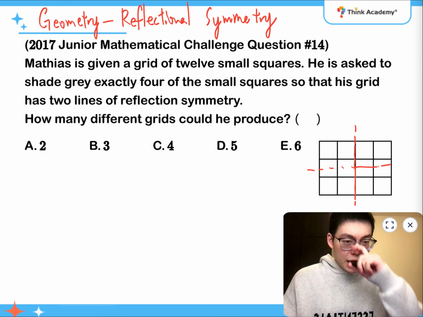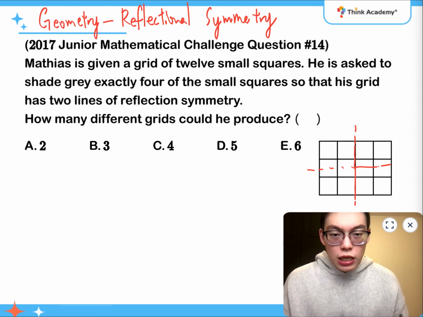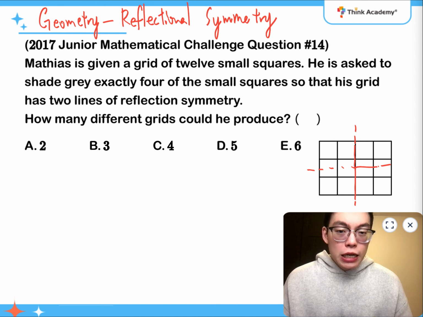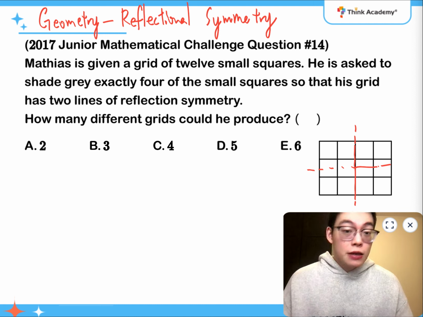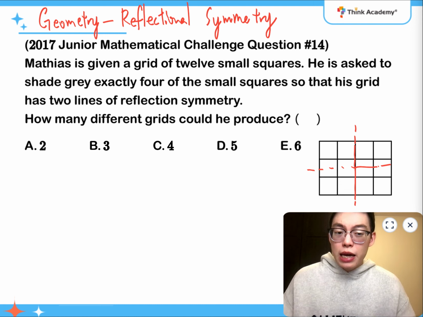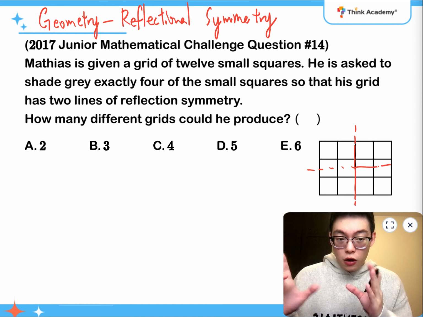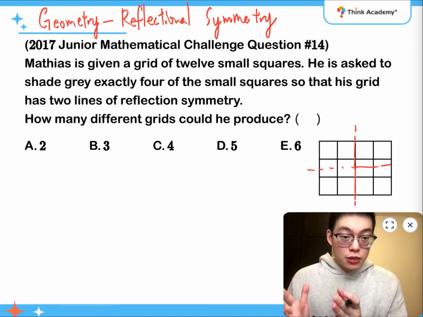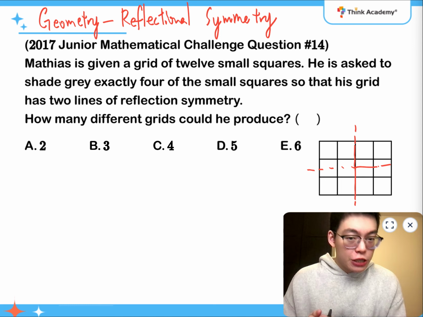And we can see that that is cutting this rectangular grid into 4 sections. And basically for reflection or symmetry, if there are 2 lines of reflection or symmetry, I just need to know what happens in one of the regions. And that's going to happen to all the 3 other regions.